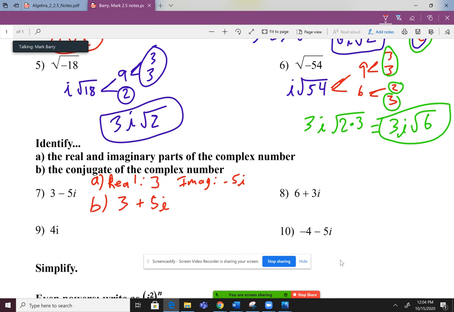All right, so then number 8 here, we know that the real part is 6, and the imaginary part is a positive 3i this time, so I'll just put 3i.